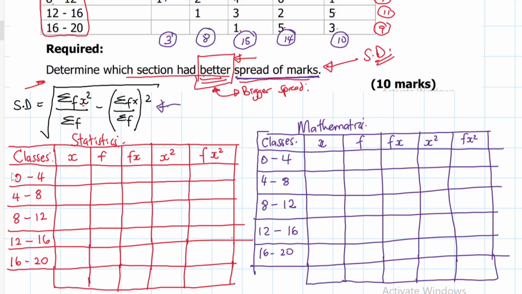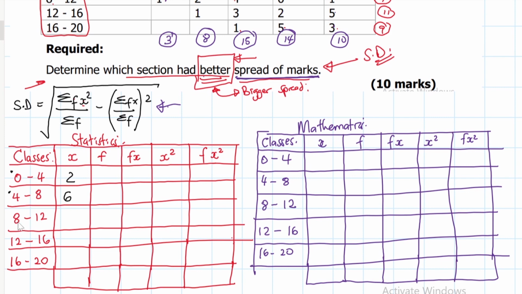So we add the 2 to the lower class boundary, which gives us our value of x here as 2. Same here, 8 minus 4 is 4. What is 4 divided by 2? It is 2. We add the 2 to the lower class boundary, so 4 plus 2, which is 6. Come here, 12 minus 8 is 4.